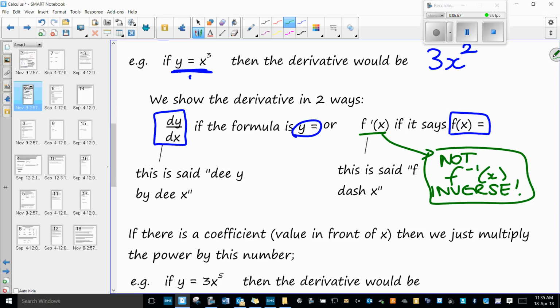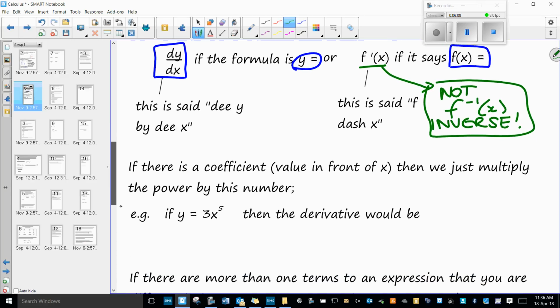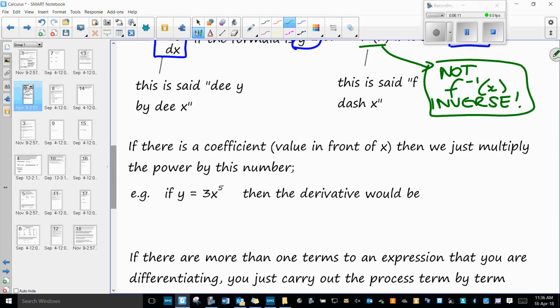Right, so as I said, sometimes there could be a coefficient or a number in front of the x term already. If that's the case, then we're just multiplying our power by that. So for this example here, we've got y equals 3x to the power 5. So I'm going to show that I'm differentiating, so I'm going to write dy dx. And what's the rule? Power goes in front, take one off the power. So I'm going to have 5 multiplied by 3x now to the power 4.